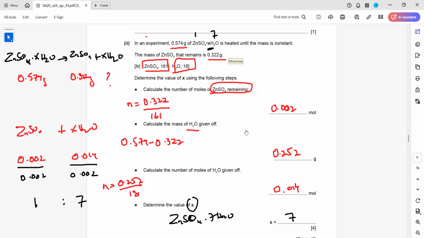If the answer is coming 0.7, just check the values. Maybe the first value 0.322 should be a whole number divided by 161. Then you take the nearest whole number.